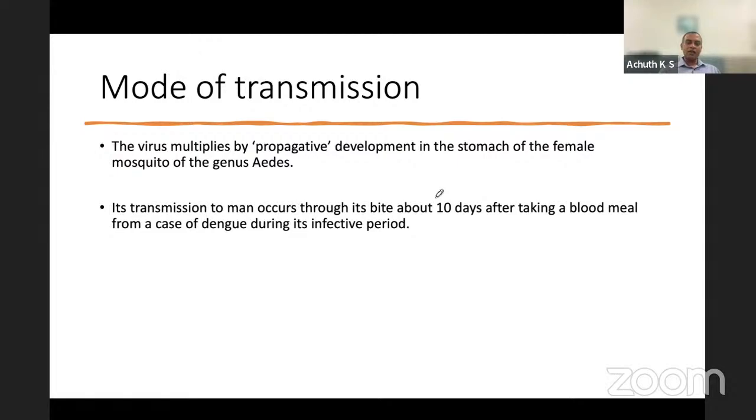When the dengue virus enters the female Aedes mosquito, when this Aedes aegypti lays eggs, the virus is also transmitted in those eggs. It not necessarily has to come and bite to get infected. The mosquito which is born out of the eggs of the infected mosquito can also cause dengue, which is geometrical multiplication of dengue cases in the community. So that is why it is a huge public health problem.